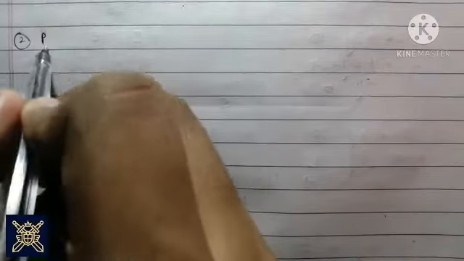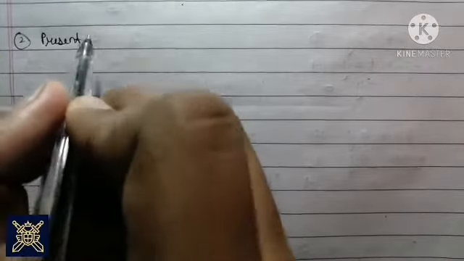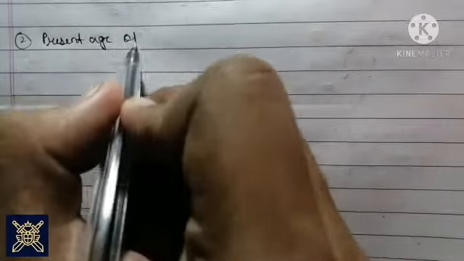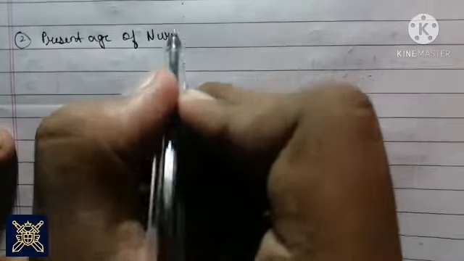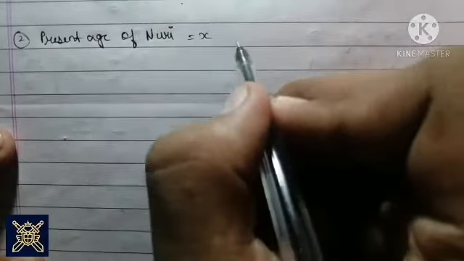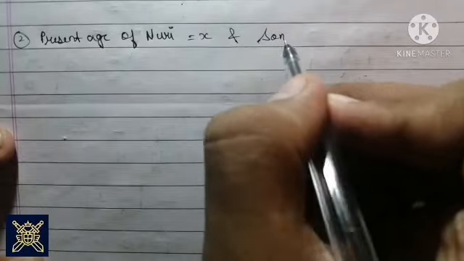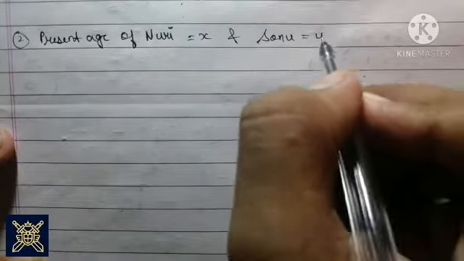So in the second part of the question, 5 years ago, Noori was thrice as old as Sonu. 10 years later, Noori will be twice as old as Sonu. Then you have to find how old are Noori and Sonu. So in these questions, we will assume that the present age of Noori is equal to x and Sonu is equal to y.